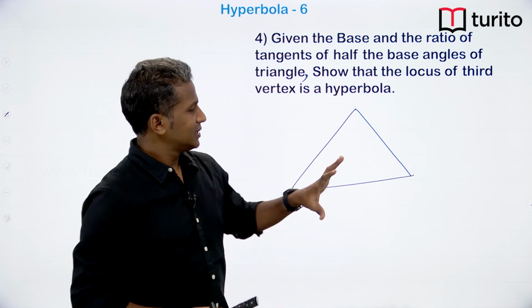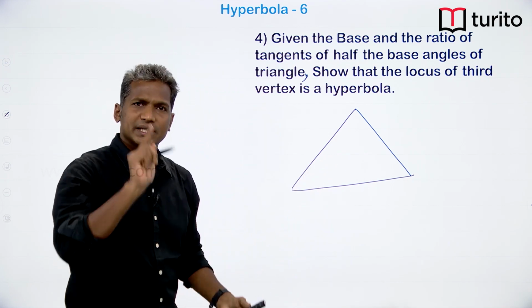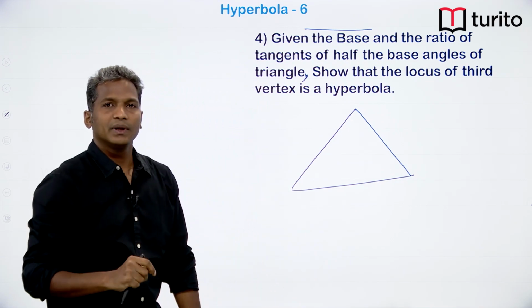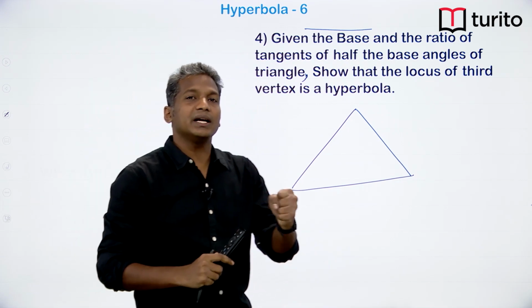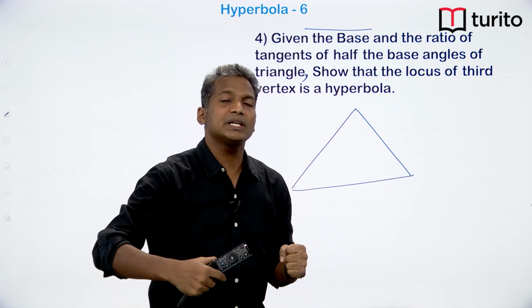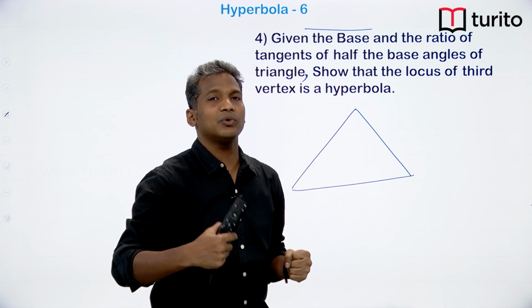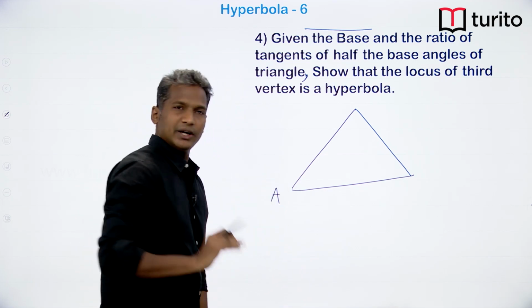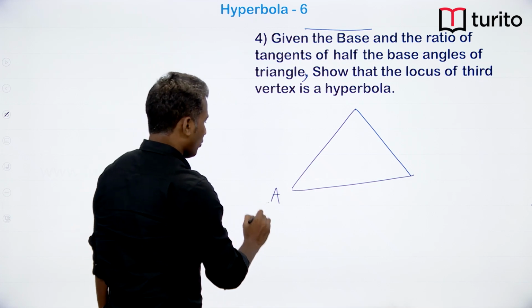Here one statement says that the base is given. If you read in any question that the base is given, what are all the data points that are given to you? One is this point, which is fixed.